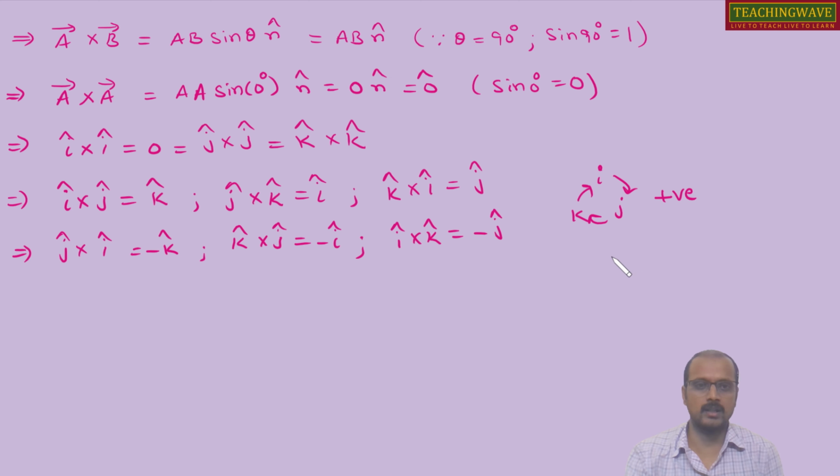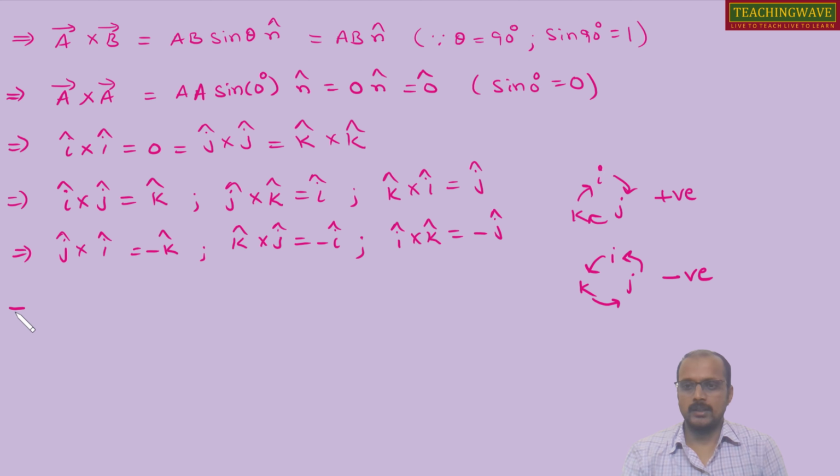That means in reverse order I, j, k, we get negative values.